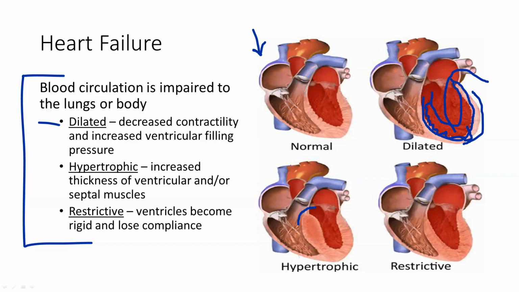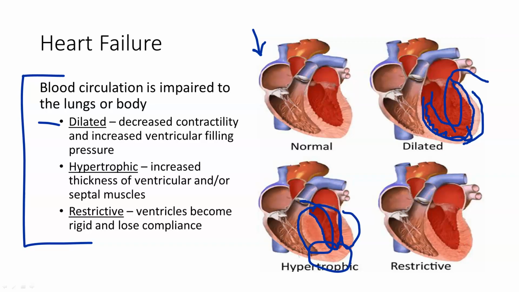Hypertrophic, so this area of the heart is called the septum, right? So it separates the right and left. I have now this thickened area of my heart. It can happen here too, right? But mostly we're thinking here. Because the septum is now larger, I lose space to fill with blood.